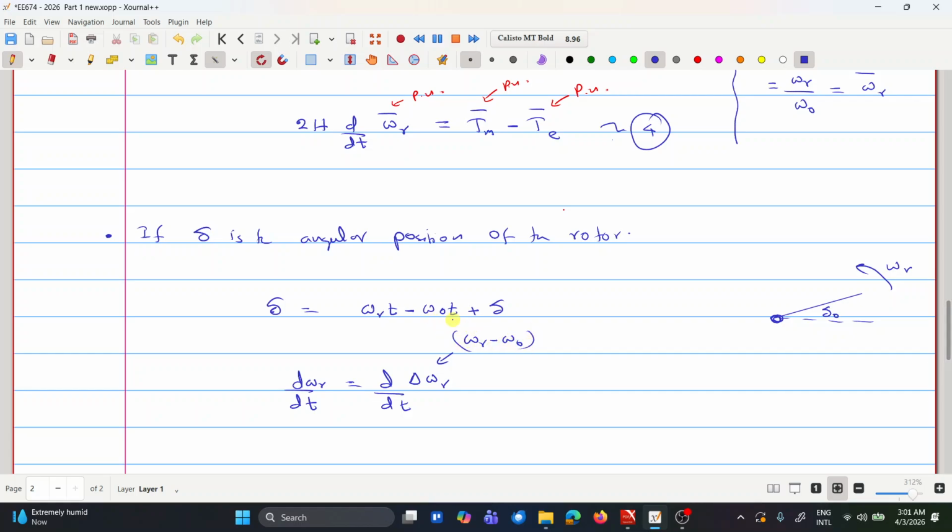So from this equation you can see that it is equal to omega naught d omega r per unit over dt, right?